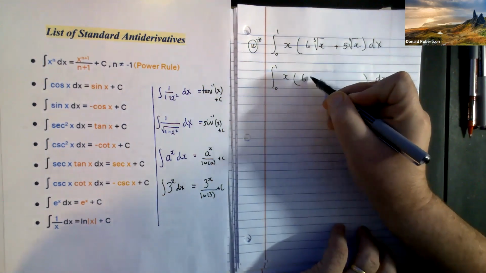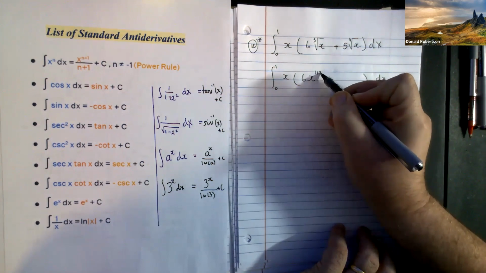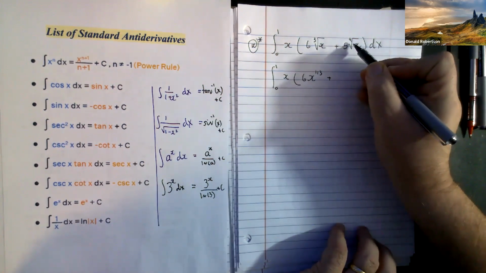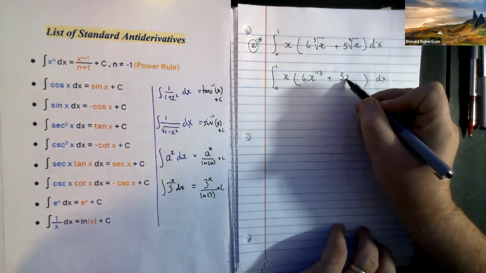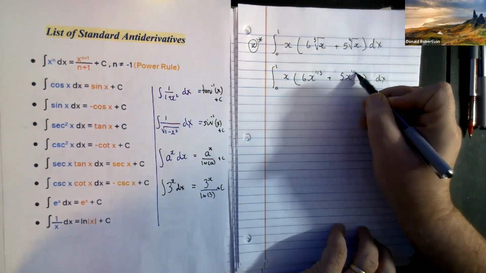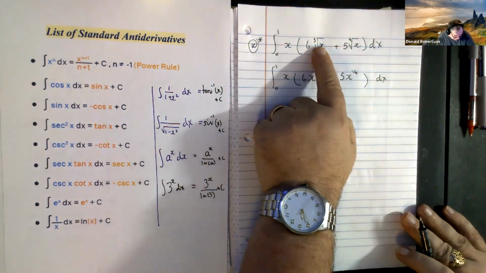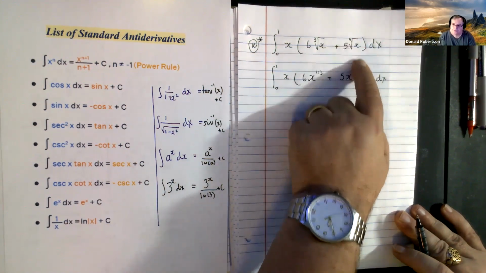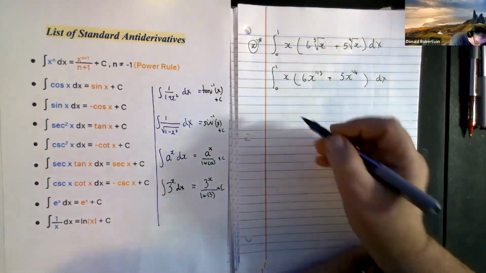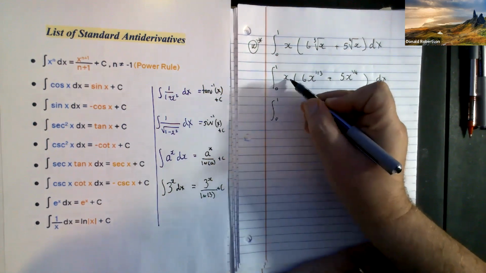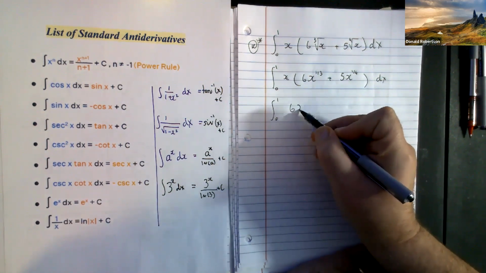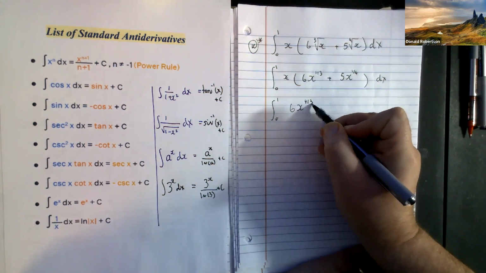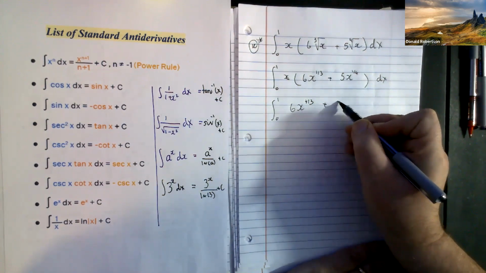So a cube root is going to be called 6x to the 1/3, and a fourth root is going to be called 5x to the 1/4. So hopefully you're comfortable with a cube root being a 1/3 power and a fourth root being a 1/4 power. What I'm going to do next is multiply these together, and then multiply these two together.